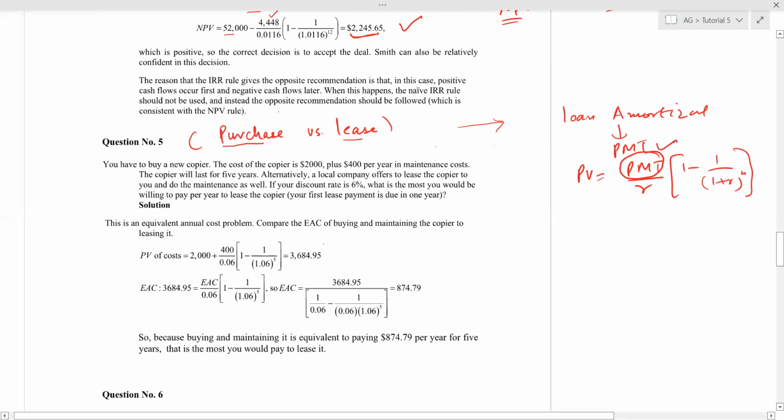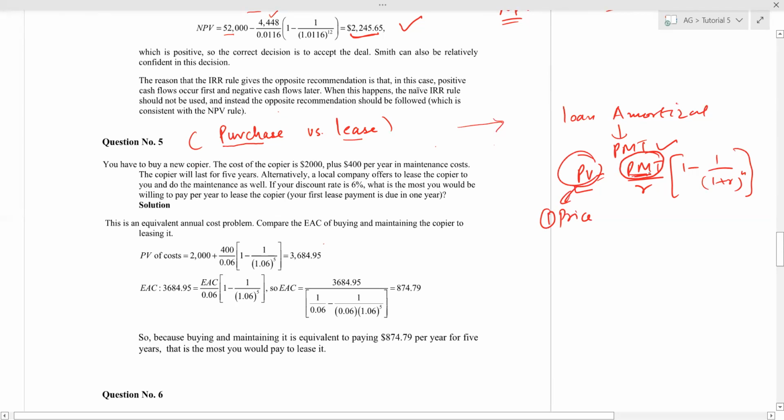So the same concept will be applied here as well. It means that we can calculate PMT if we know the PV. If you are going to calculate PMT, we should know PV. So PV is basically called the price. Once we know this price, we can easily get PMT.